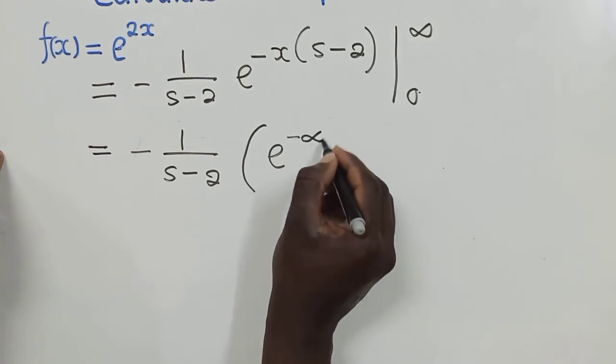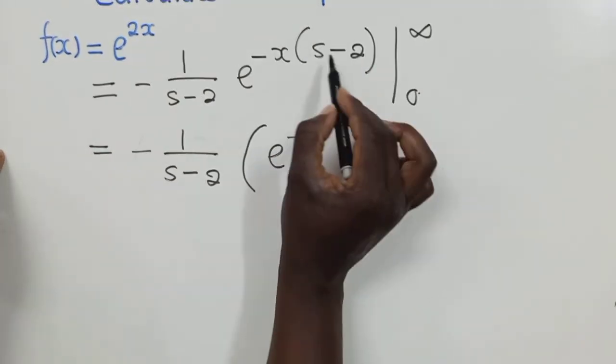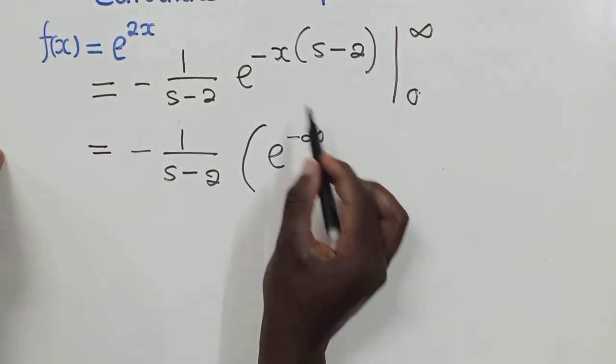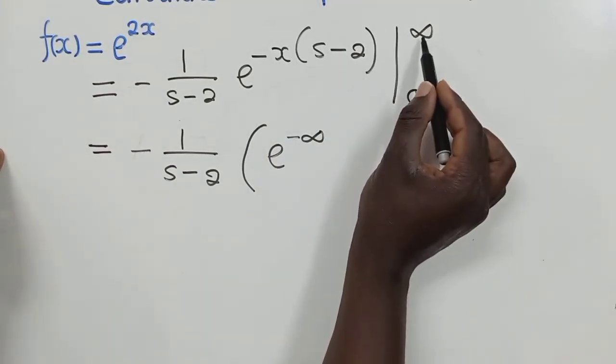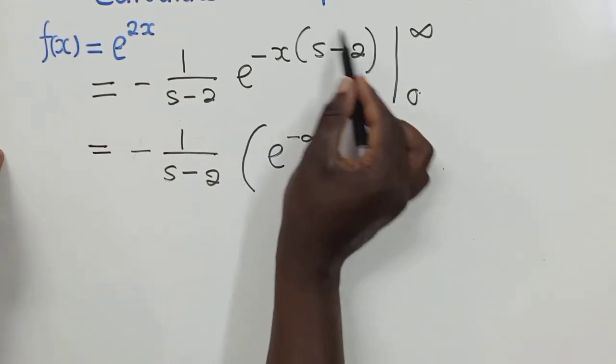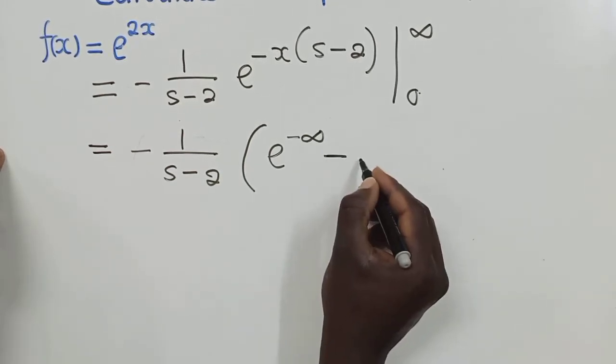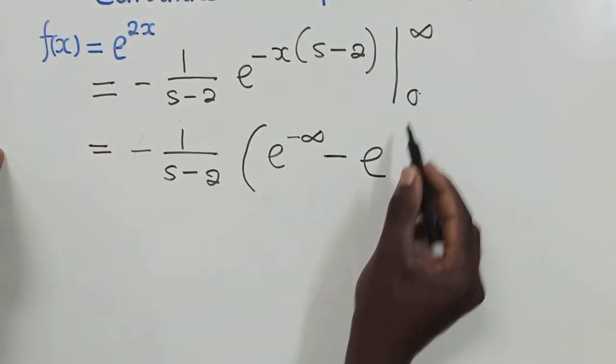So if I put infinity where x is, all this power will just be negative infinity. When we get this infinity, put it where x is, it will be multiplied by whatever is here. This will just be e to the power negative infinity. Minus the lower limit, which is 0.